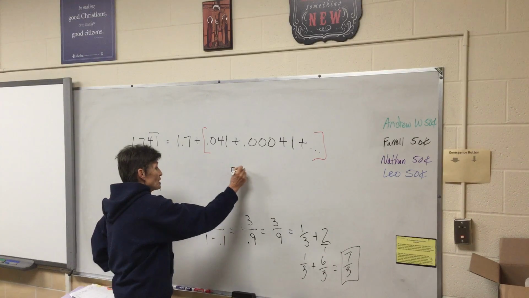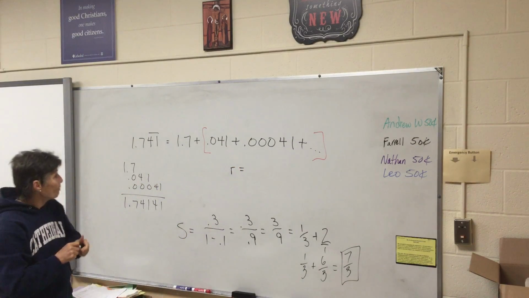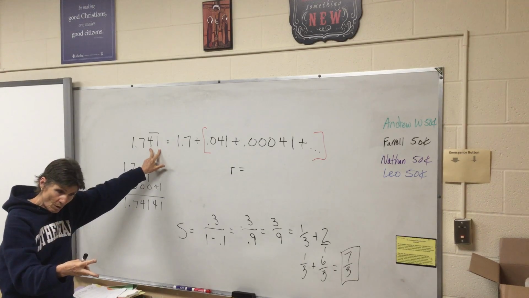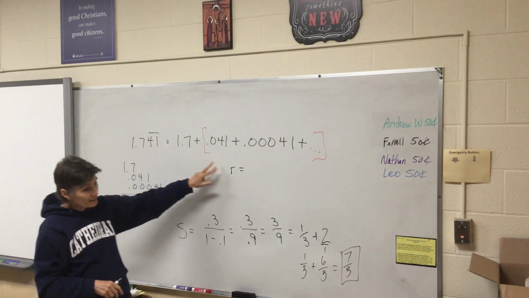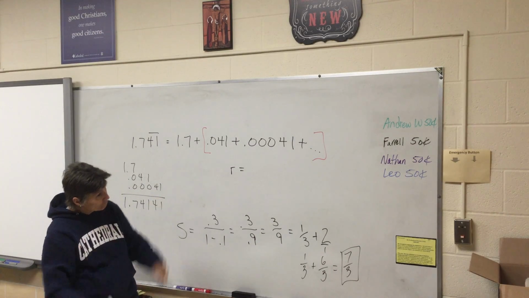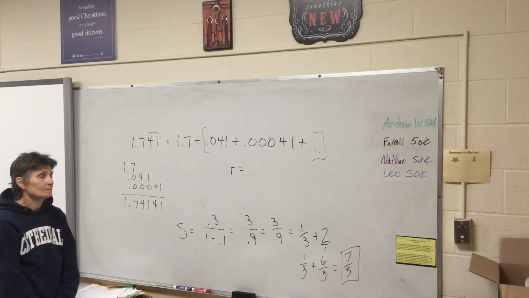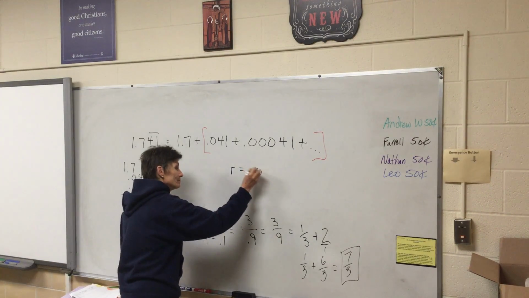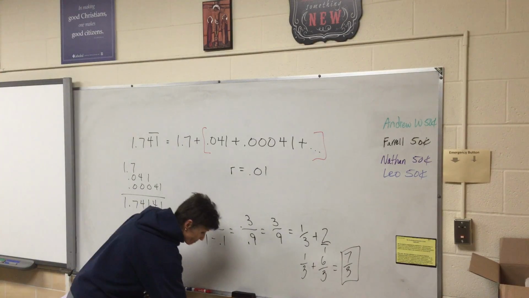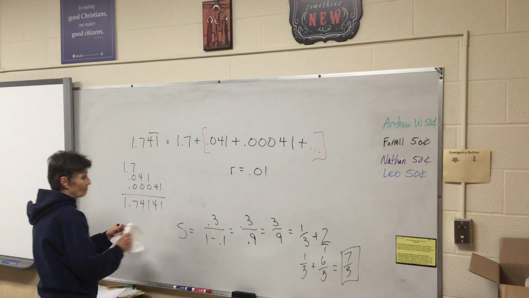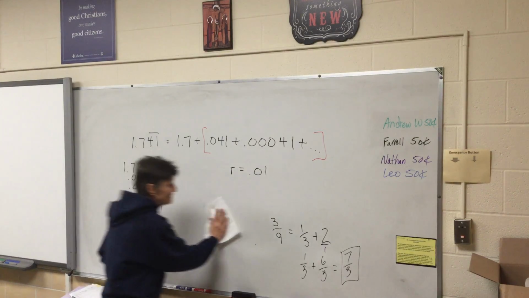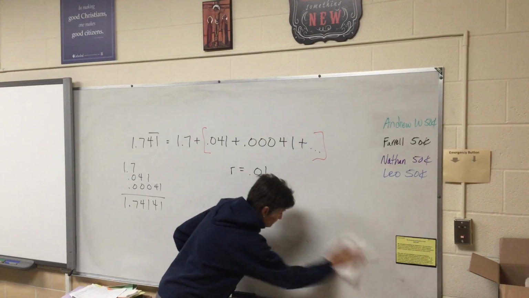What is my ratio this time? How many decimal places are repeating? 2. So my ratio will be 0.01. So here we go. I'm going to add up the part in the brackets.